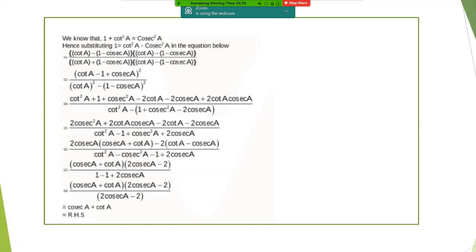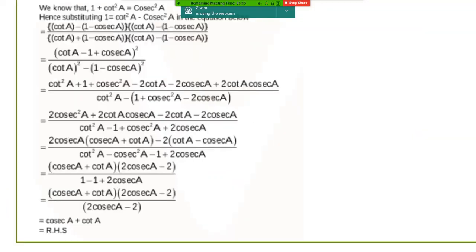See, here it becomes minus. Please make this as minus cosec square A. All of you. I'm keeping my hand here. I'm done. So you have all done it as a minus cosec square A here? Yes. Perfect.